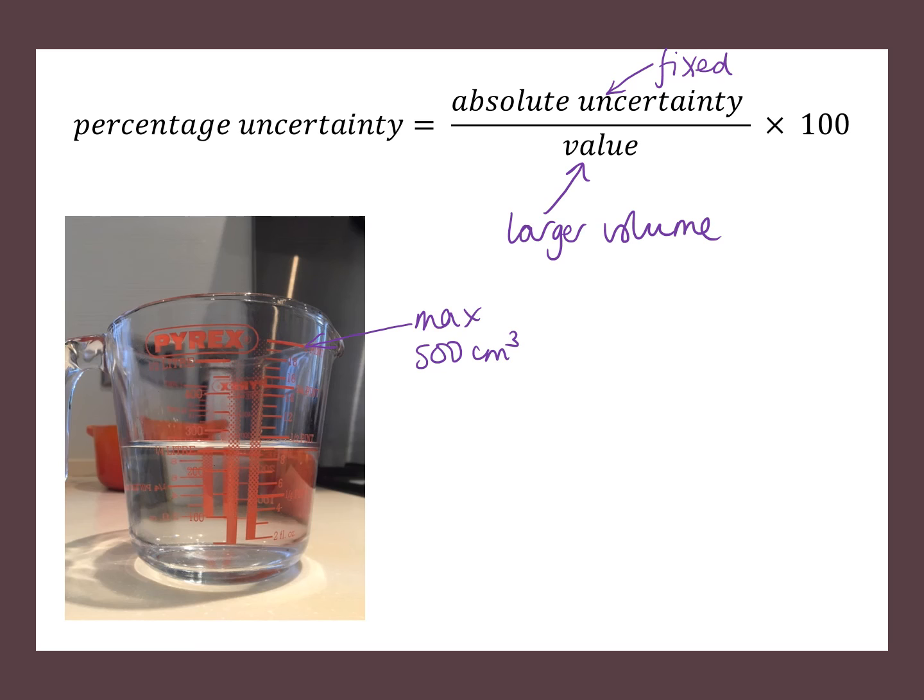So if we doubled the volume and doubled the mass of the sugar involved, we could keep the same final concentration but reduce the percentage uncertainty. So that's one method of reducing percentage uncertainties in the lab as well, by just scaling everything up. So the same absolute uncertainty applies, but that's against a larger measured value, so as a percentage it decreases.